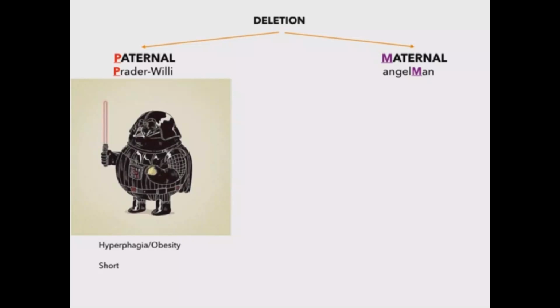But the biggest thing to take away from this is paternal Prader-Willi. Remember Vader-Willi here, who is short and fat, so hyperphagia and obesity and short stature. Those are the two big giveaway symptoms. That hyperphagia is really going to lean you in the direction of Prader-Willi. So don't forget Darth Vader-Willi, the paternal deletion for genetic imprinting.